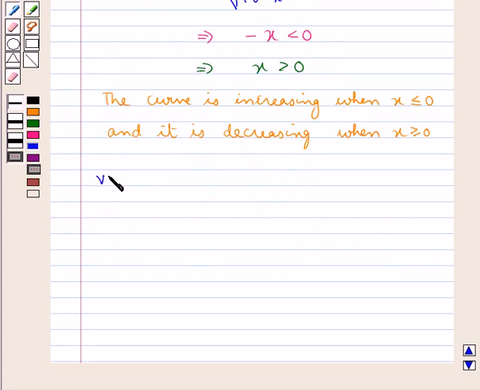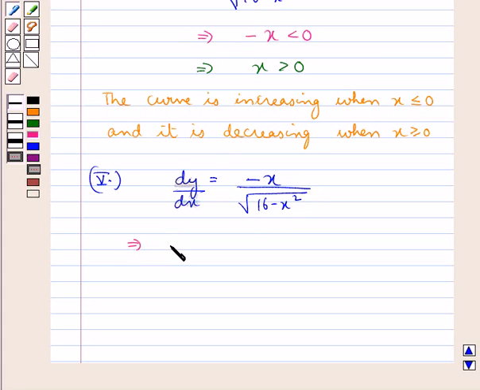Now in the next step, we have dy by dx is equal to minus x upon square root of 16 minus x square.